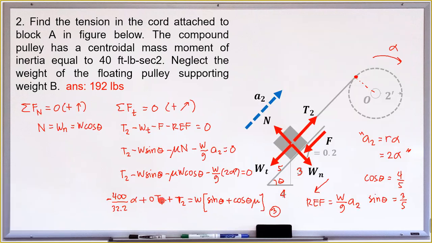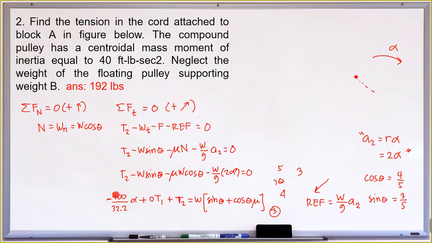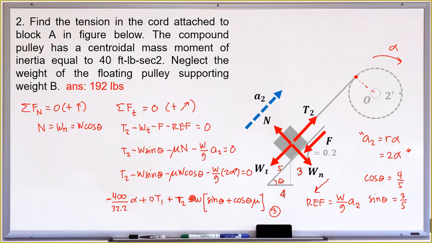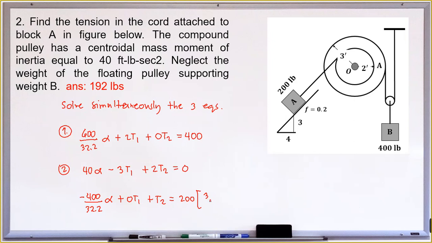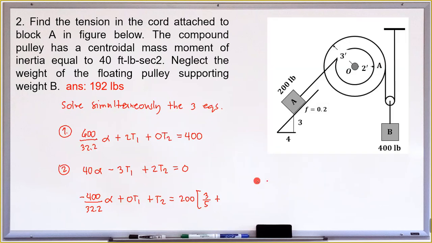The third equation is negative 400 over 32.2 alpha plus 0T1 plus T2 equals the weight, 200, times sine theta, which is 3/5, plus the coefficient of friction times cosine theta, 4/5. The coefficient of friction is 0.2, which is given.